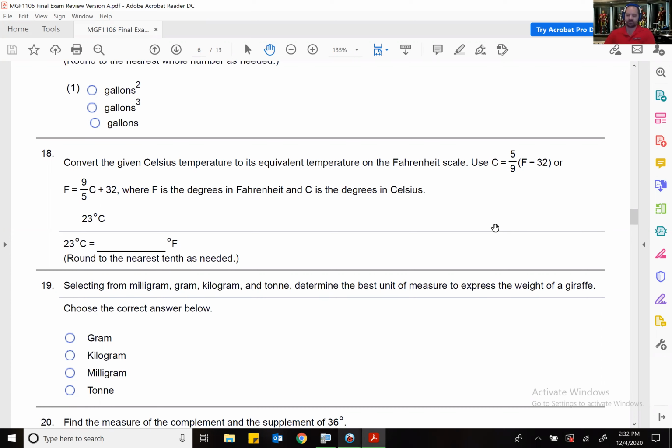They give us the temperature 32 degrees Celsius. They want us to turn it into Fahrenheit. Which formula will we use? The C equals or the F equals? The F equals. You got it. So all this is a simple plug and chug.